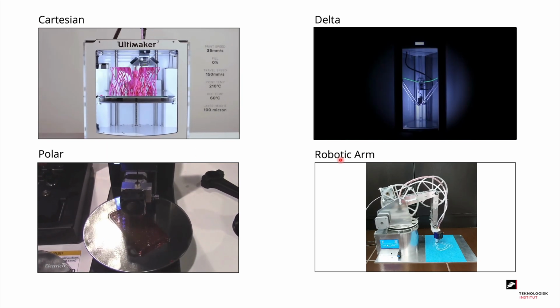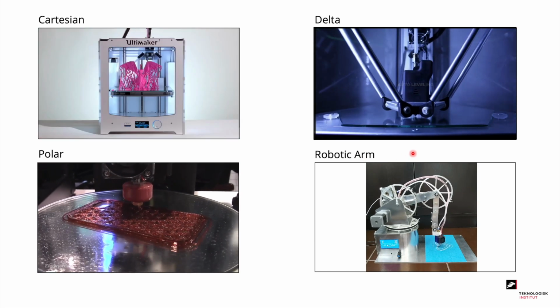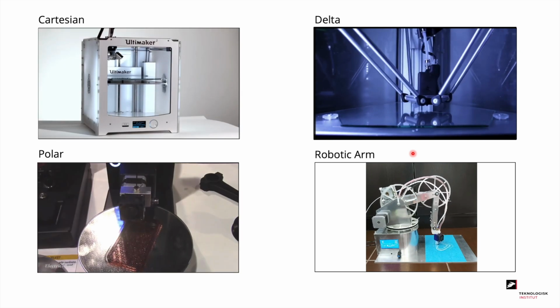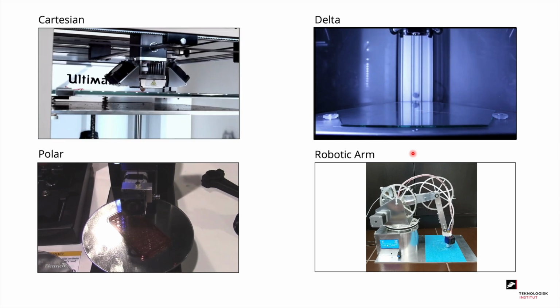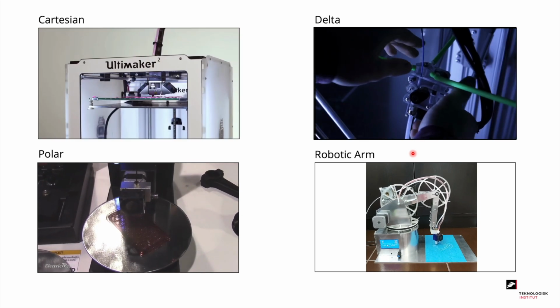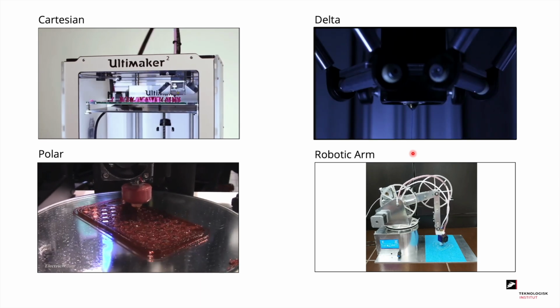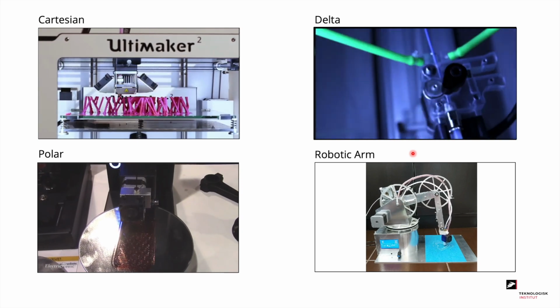In the lower right corner we have the robotic arm. On the robotic arm FDM printer we have again a static build platform, and then the robotic arm does all the motion. A robotic arm, as you might know, can move in all directions, and the difference here is only that we have fitted an extruder to the end instead of a gripper or something else.